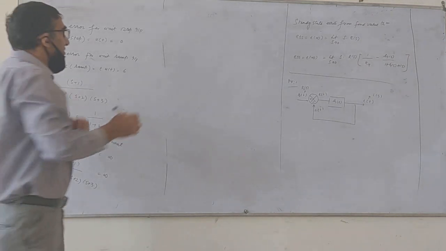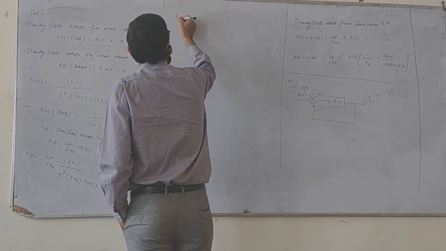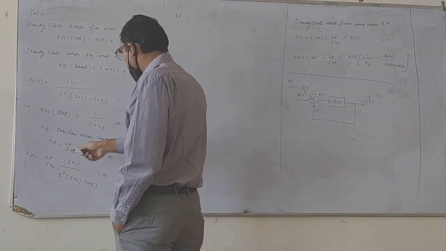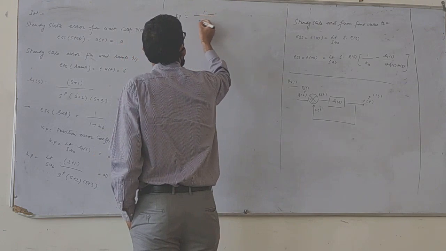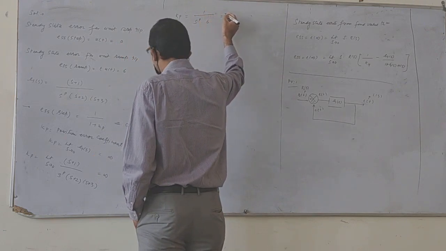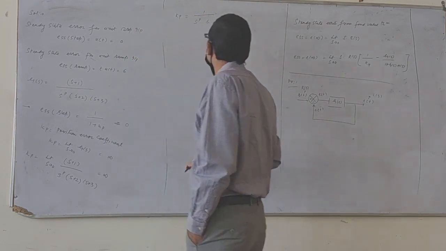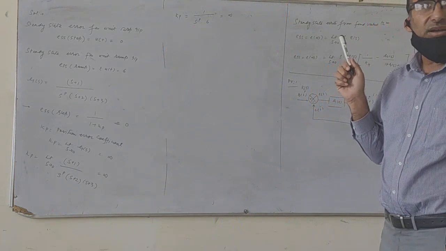Now approaching the limit as s tends to 0, Kp in this case, we substitute 0, will be 1 over s raised to the power p into 6, equal to infinity. Is it clear? Now have a look here.